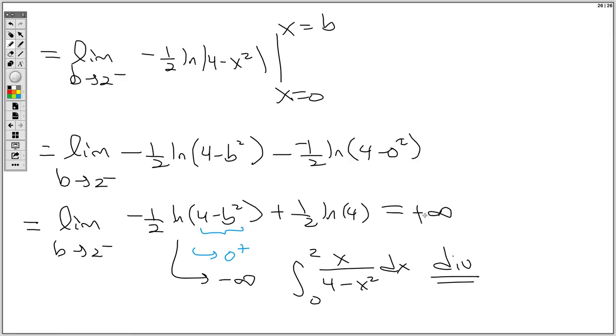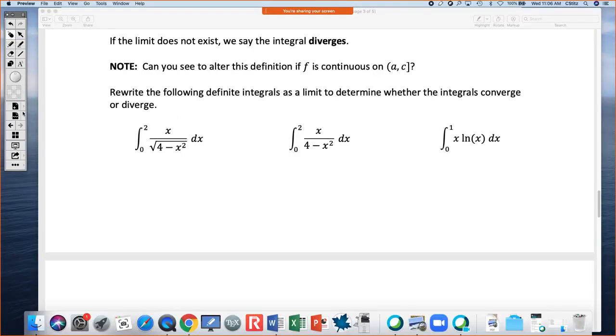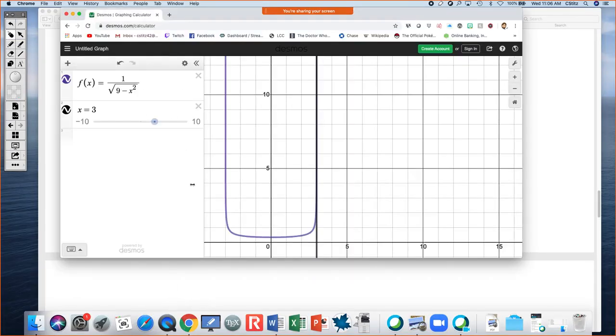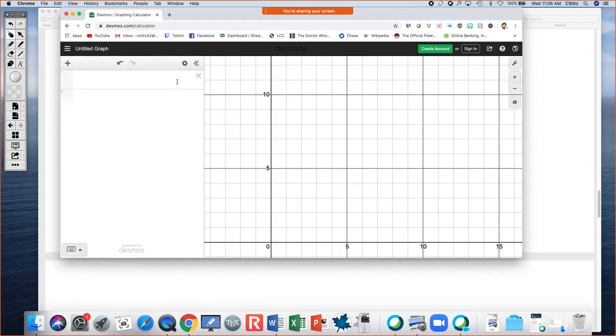So let's take a look graphically at these two functions that we just did, and once again talk about their growth rates near that vertical asymptote. The first function we were integrating was x divided by the square root of 4 minus x squared.